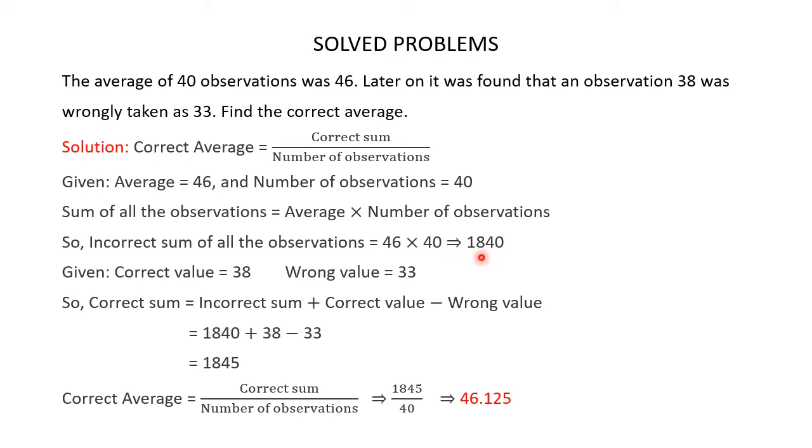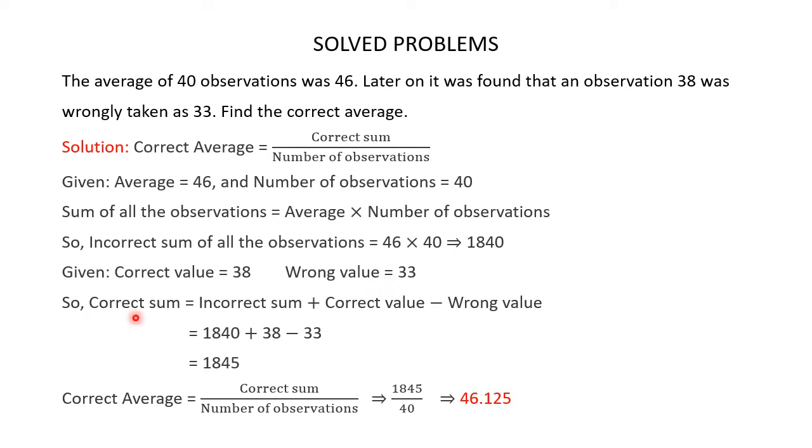Now this 1840 is the incorrect sum of all the observations because while calculating the average, one observation was wrongly taken. So the incorrect sum of all the observations is 1840. It's given that the correct observation is 38, but it was wrongly taken as 33. So the wrong value is 33.